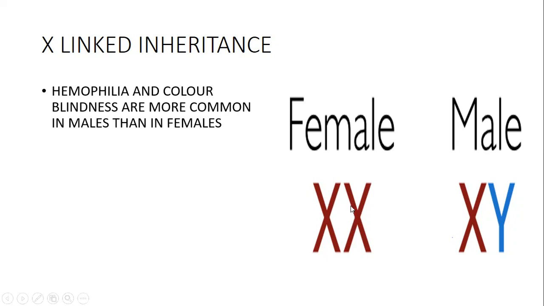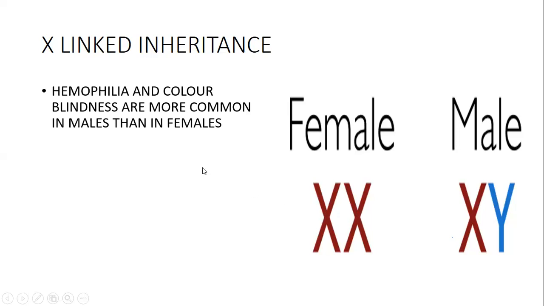Now, females have two X chromosomes. If one X chromosome is carrying the recessive gene for hemophilia or color blindness, the other X chromosome will be dominant over it. Got it? If one is damaged with hemophilia or color blindness, the other will control the character and will not allow these characters to be shown because it is dominant.